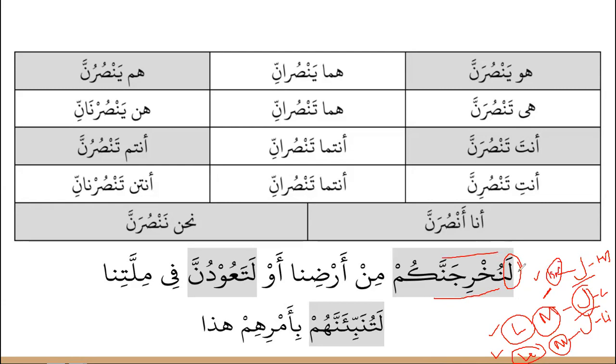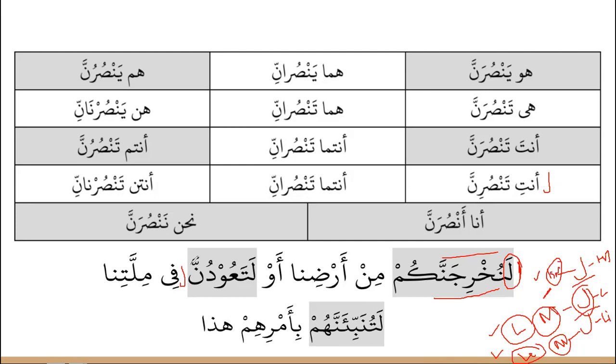Okay, this lam's only purpose is to make something more emphatic, and it is not going to affect anything in the phrase. It can come before la anta. That means it is just emphasizing the word anta. It can come before any word. It can even come before fi. So it is lafi. Lafi means surely, no doubt about it, in this.